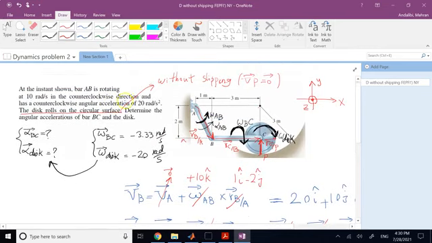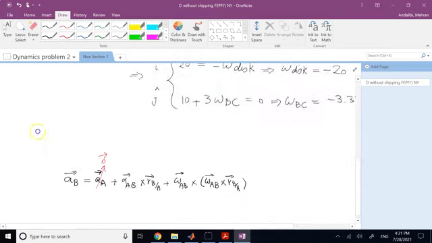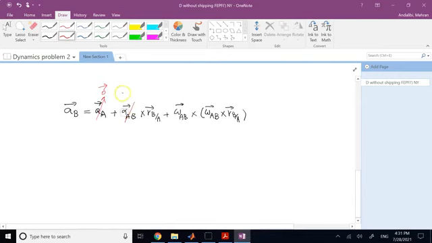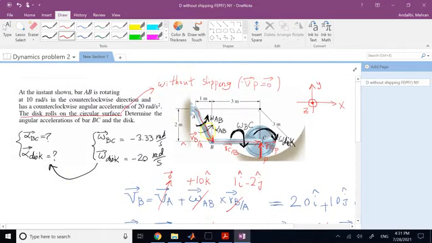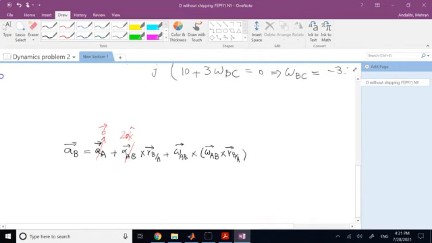It is, as you can see, 20 radians per second squared counterclockwise. So it's positive 20K. R of B with respect to A, we had it last time, right? It goes from A to B, so it's negative 2J plus 2I.